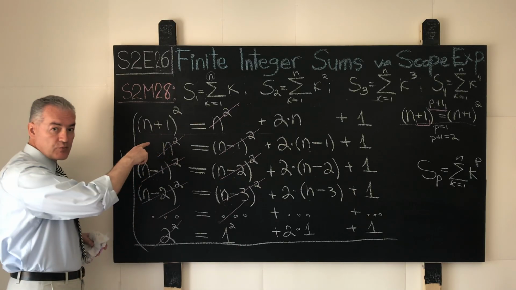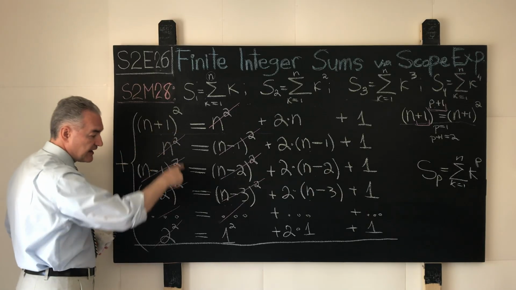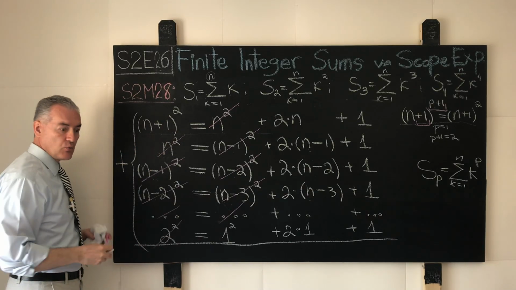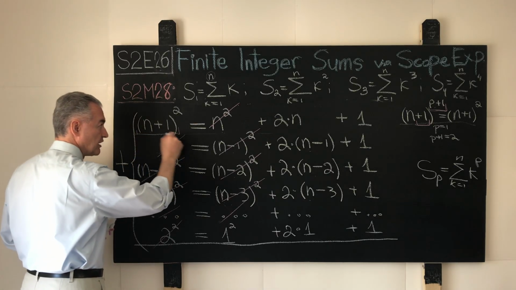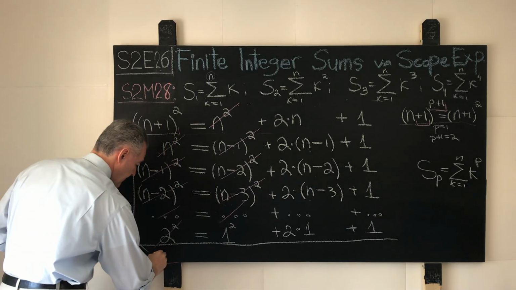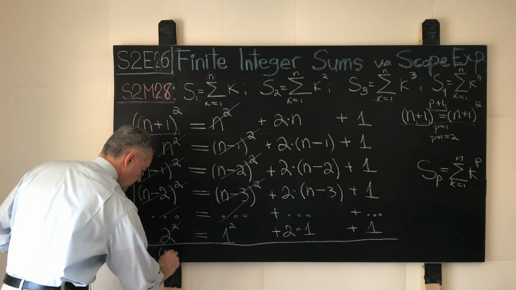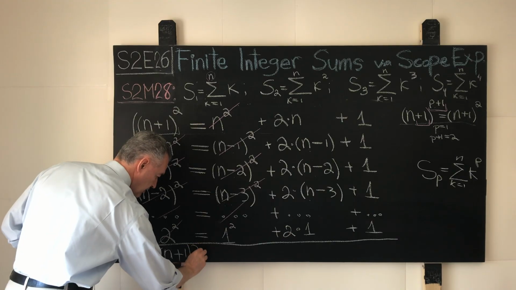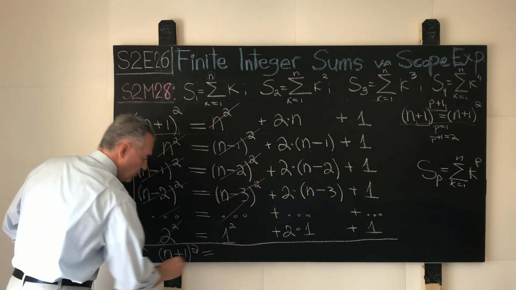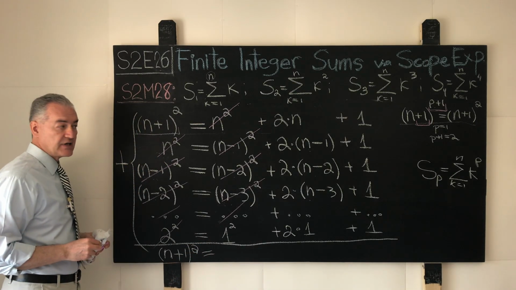The only term that will survive on the left hand side of the equal sign will be what? The only term that will survive on the left hand side of the equal sign will be n plus 1 squared.